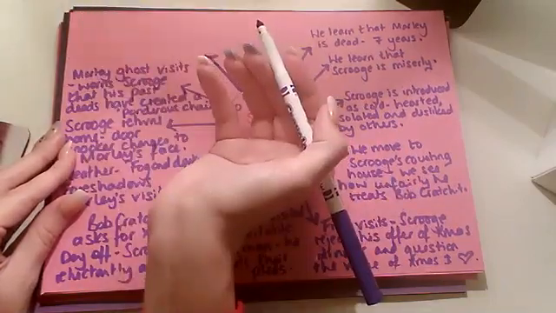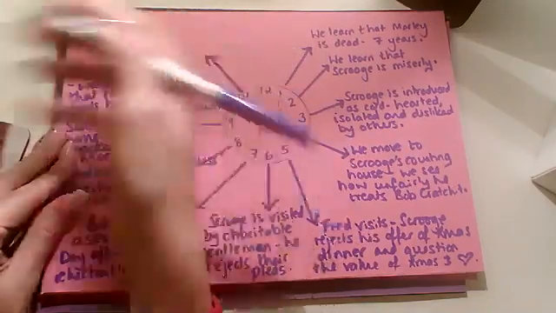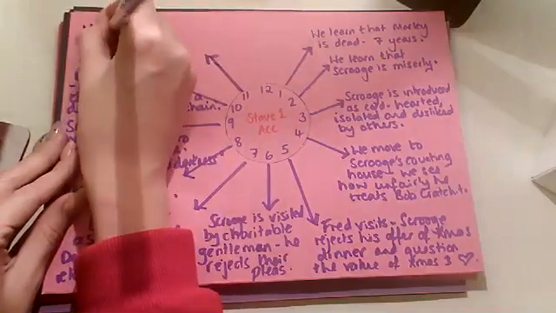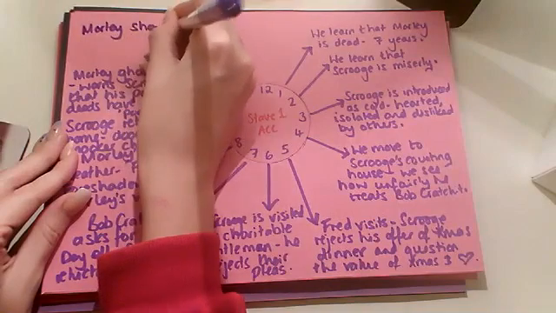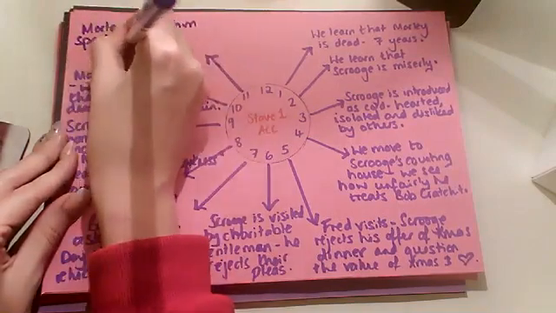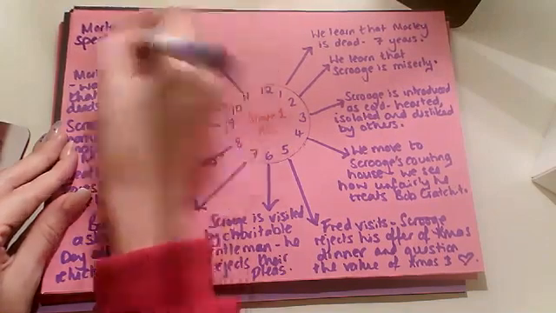They're prevented from doing so, and they are forced to wander the afterlife rather than finding that peace after death. So Marley shows him spectres that roam the afterlife.